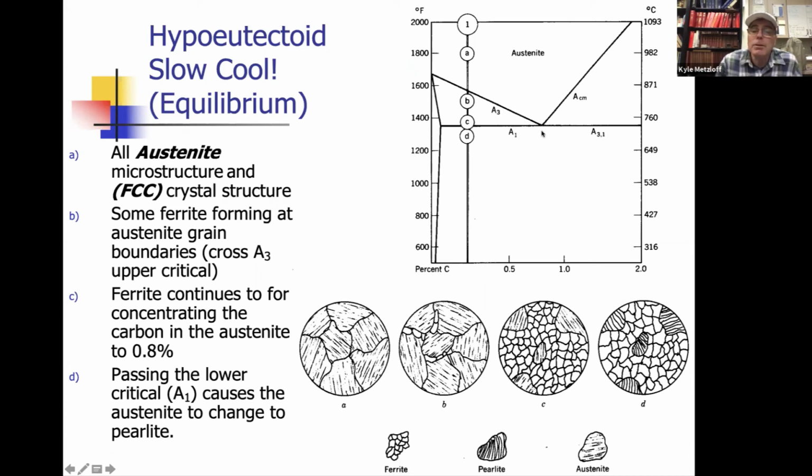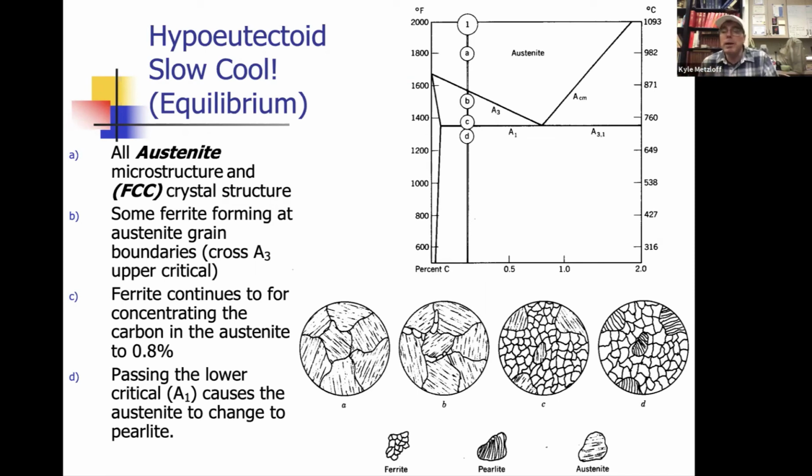Then what happens when I go 1 degree below this, or a couple degrees below it, let's say, this thing changes over to perlite over here, okay? So what happened? We increased the concentration of carbon by forming something without carbon in it and just forcing all the carbon into an area that can accept it, okay?